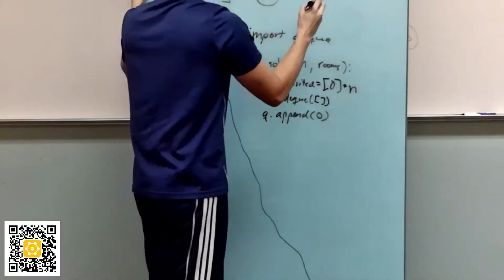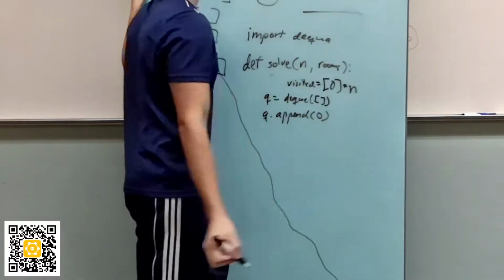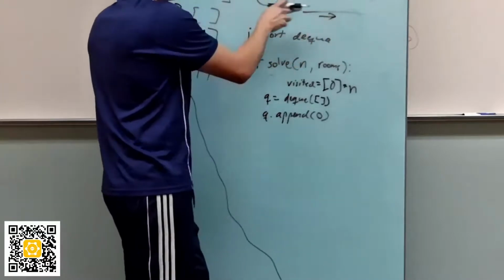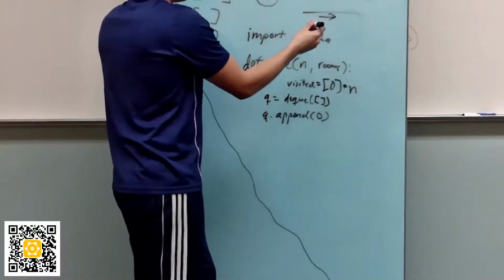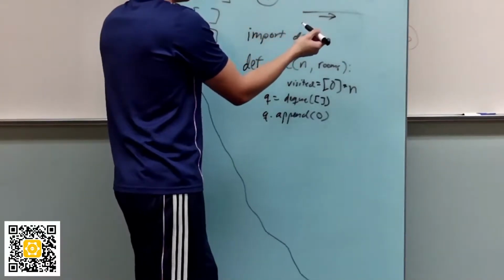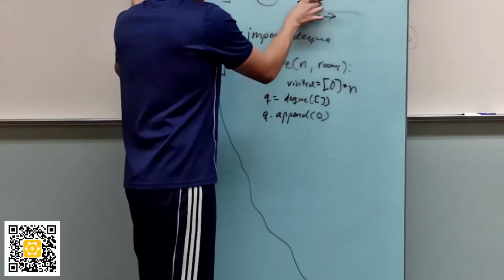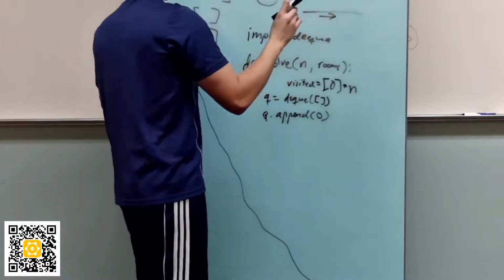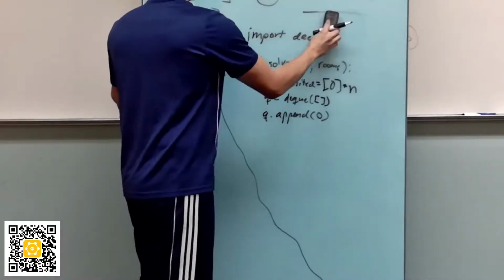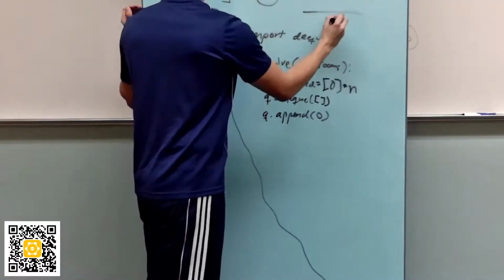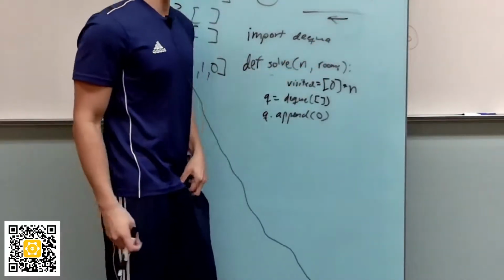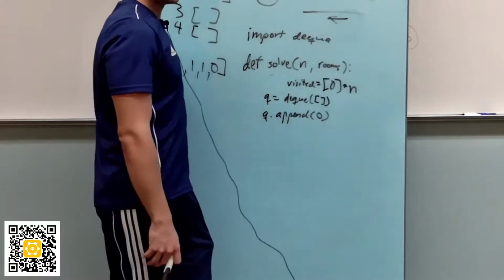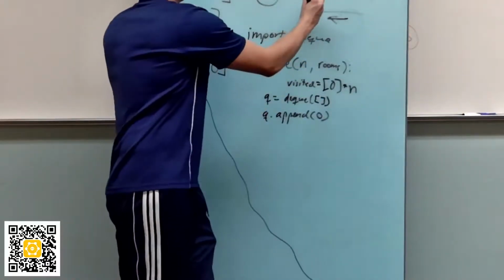We have a queue. They enter in this direction. No, that's going to make it look like a stack. Never mind. Hold on. They enter and leave in the same direction. I'll put it like that. So here's what the first one. What's the first one we're going to put in the queue? So we're going to put 0.